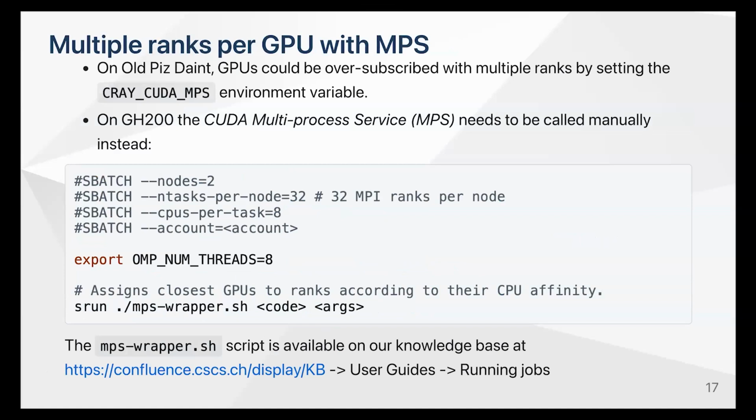Okay, then what else? What if your application needs more than 4 ranks per node? On Piz Daint, you could use the Cray CUDA MPS environment variable for GPU sharing, but on the GH200, this needs to be called manually using this MPS wrapper script that we provide in the knowledge base under user guides, running jobs.